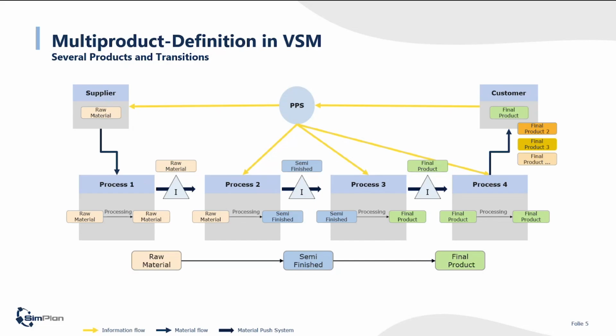So you not only define one product at a customer, but also several products, maybe with different demands or different cycle times at a certain station. That would be a more realistic approach to different products instead of just an average view on a certain value stream.